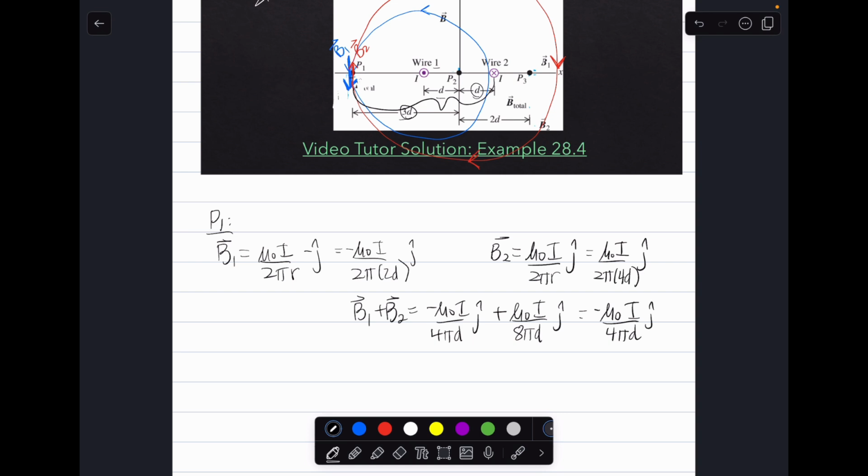So the overall direction of the magnetic field at P1 is going to be in the negative j hat direction.